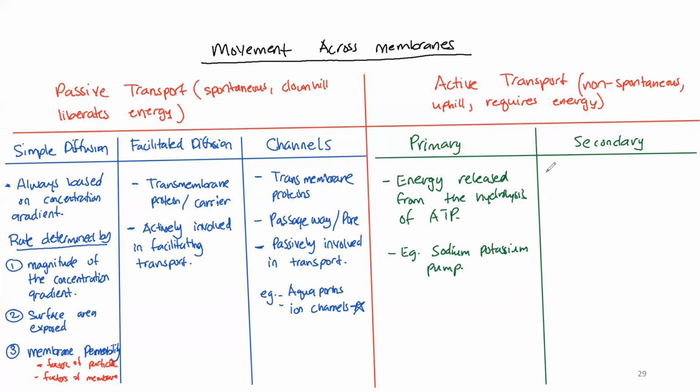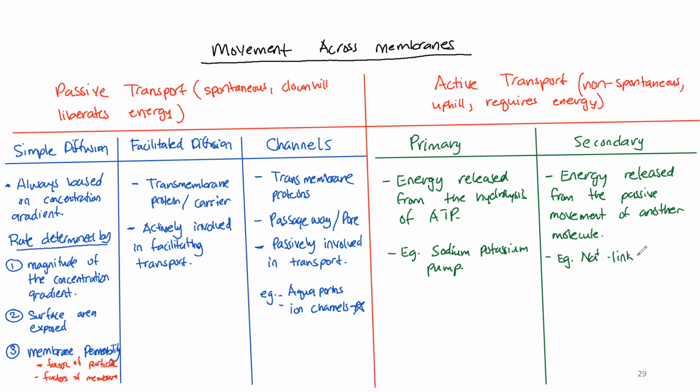Secondary active transport, the energy here is released from the passive movement of another molecule. The examples we talked about were co-transport. Remember, in co-transport both molecules are moving in the same direction. That would have been the sodium-linked glucose transporter, right?